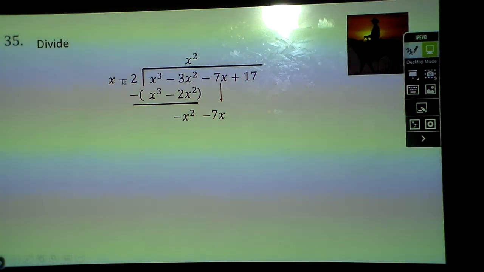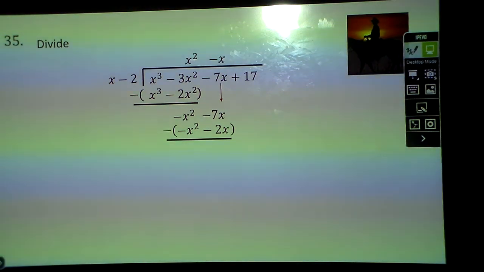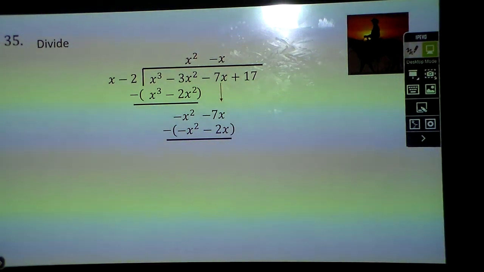So what would I multiply by x to get negative x squared? Well, that would be a negative x. So then if I take negative x times x, it's negative x squared, and negative x times negative 2 makes a positive 2x. Actually, this should be a plus 2x. We'll fix that, plus 2x.